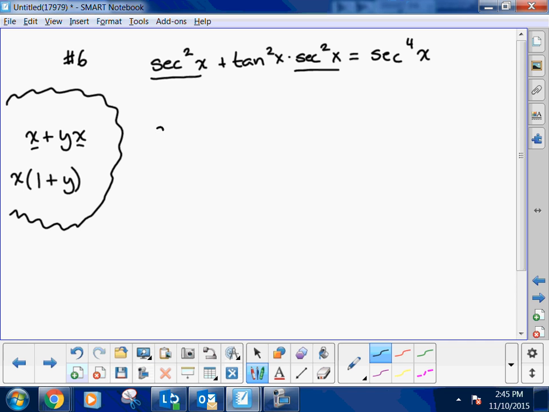And in its place, this is interesting, there's actually a 1 left, plus just tangent squared x. My students wonder about the 1. Same thing, there's a 1 here, there's a 1 there.